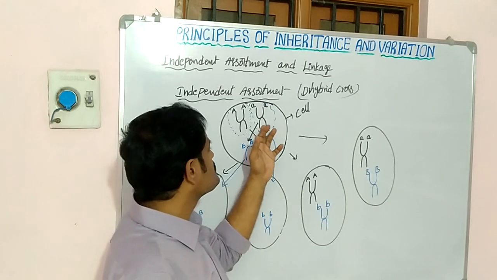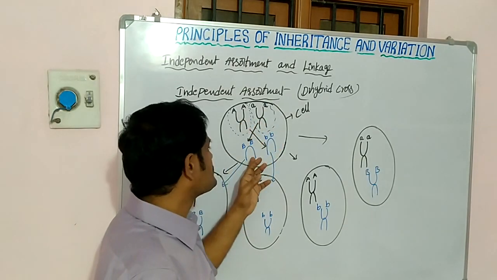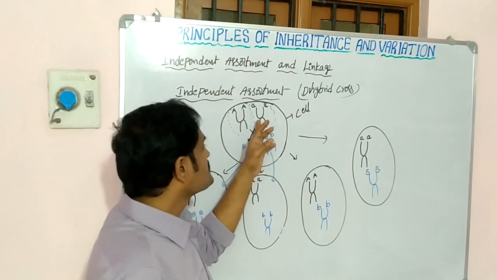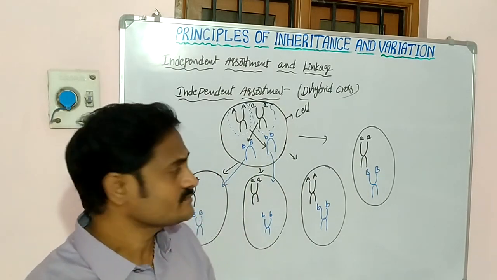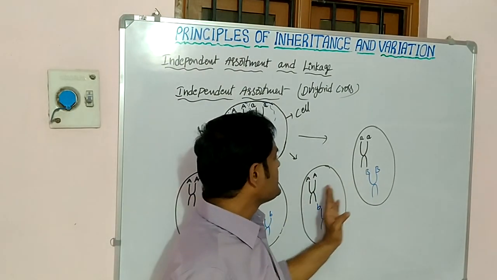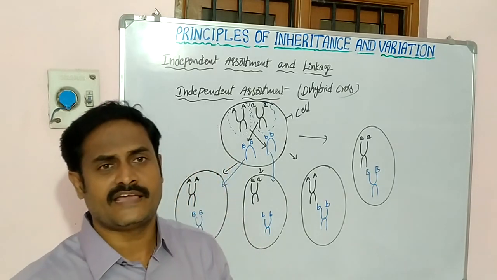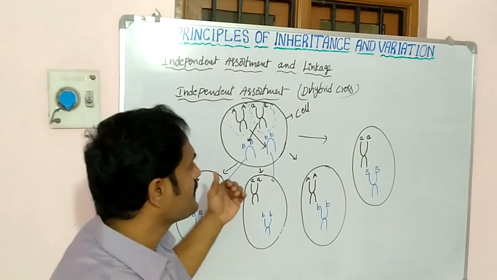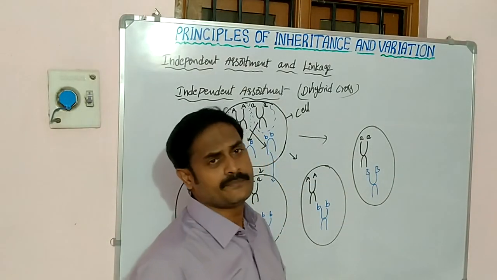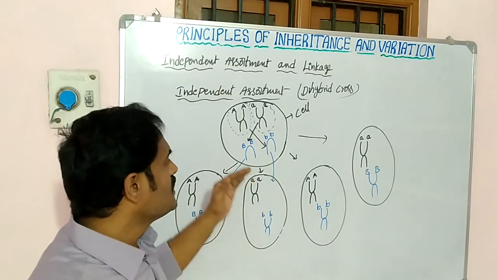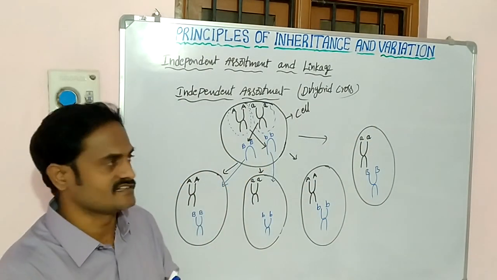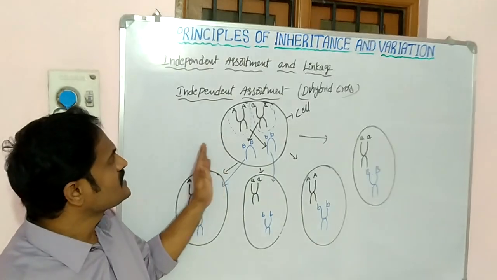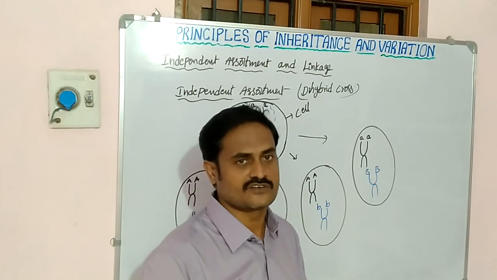One chromosome is not only fused with the same chromosome, it is also fused with its opposite chromosome. For that reason, new characters evolve here. Like this, Mendel discovered the dihybrid cross and how new characters evolve in it. Okay, this is about independent assortment.